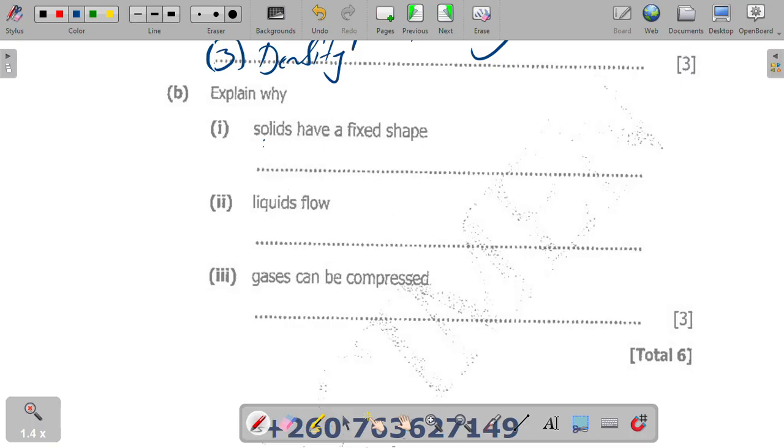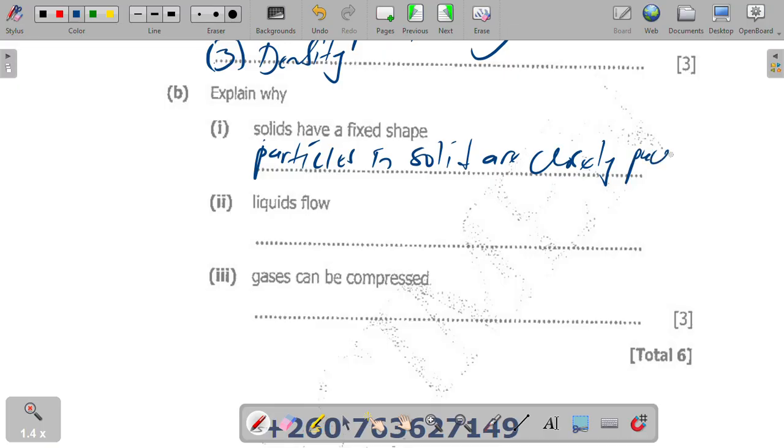Okay, particles in solids are closely packed together.